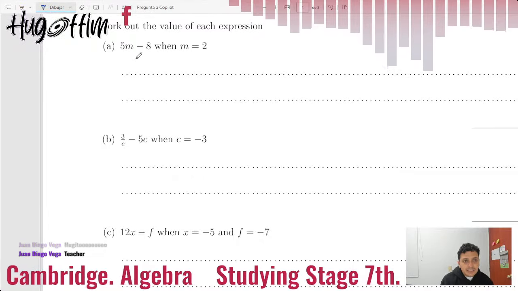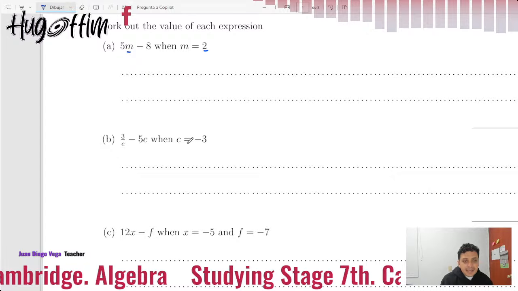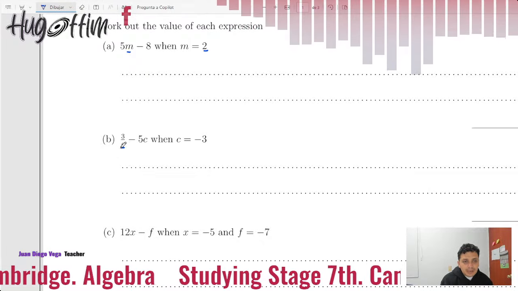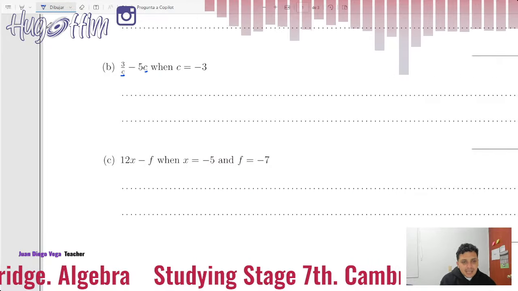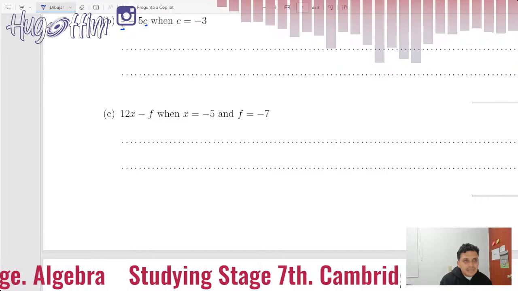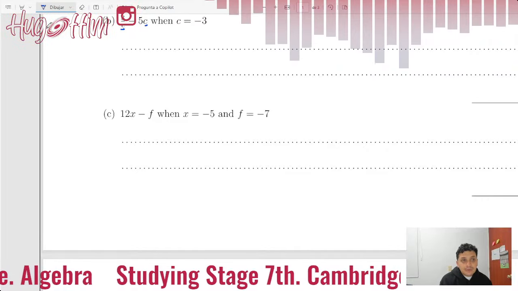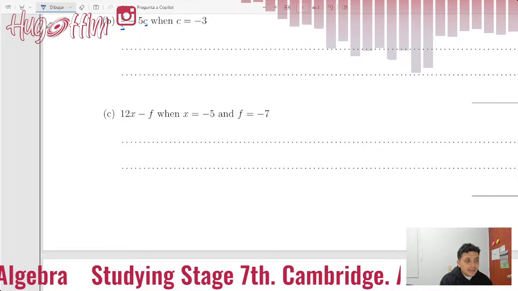So in this case, the variable m is 2. In this case, I'm going to replace the variable c by -3. And in this case, that is the example that I'm going to perform, you need to replace the variable x for -5 and the variable f by -7.